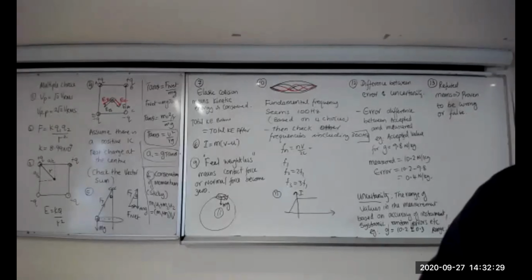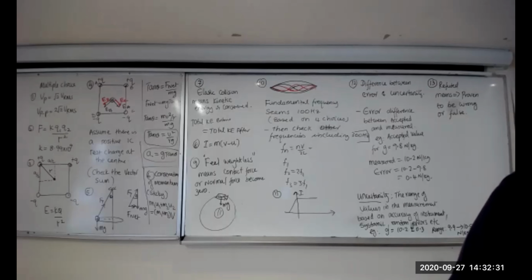Question 10, why not? Because these are both ends fixed. With both ends fixed, it's going to be multiples. A guitar string has both ends fixed. It's going to be 100, 200, 300, 400, and so on. If the fundamental is 100, all the multiples of that would be the higher order harmonics.